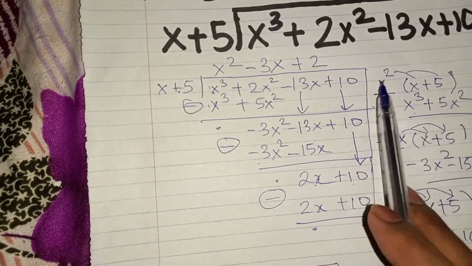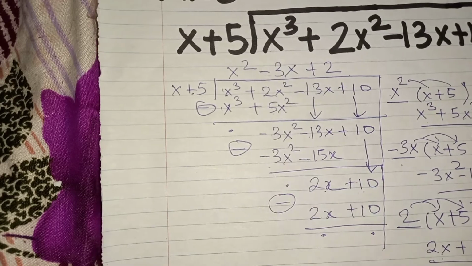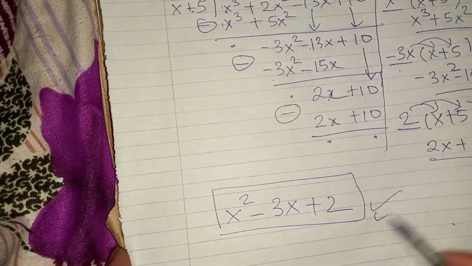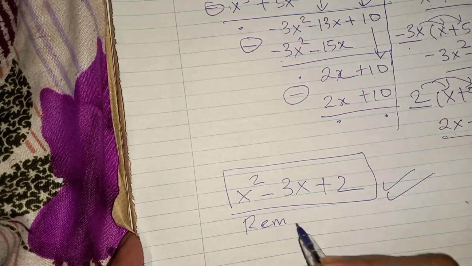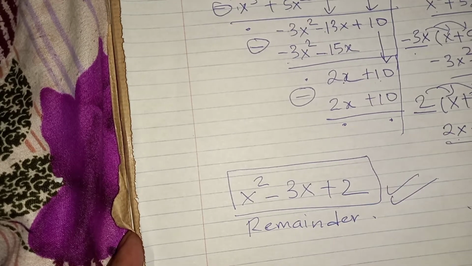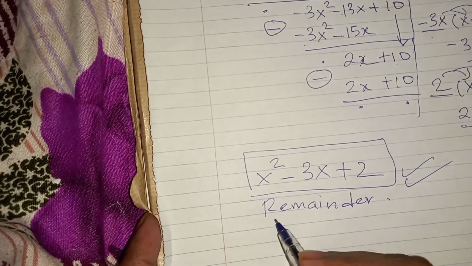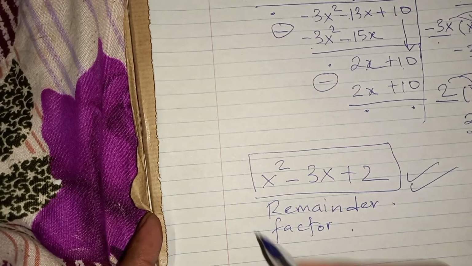All the results you are getting from here, let's put on top here, and then later on this is your answer. We call this the remainder. Or we call this factor.